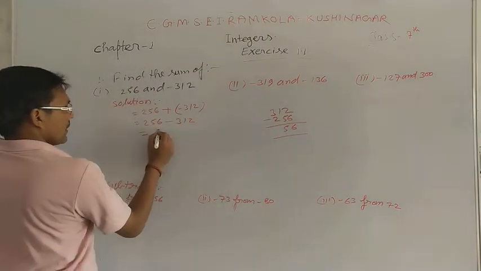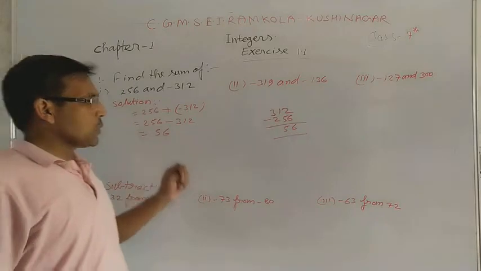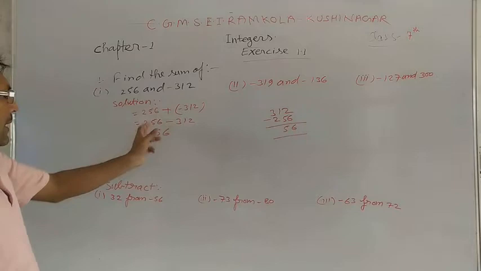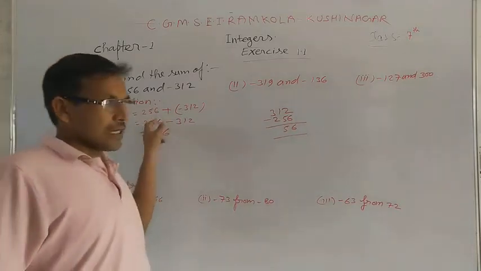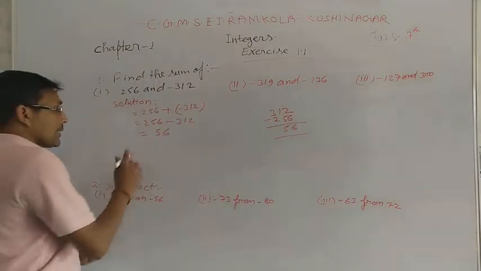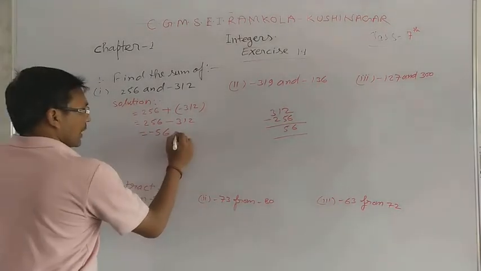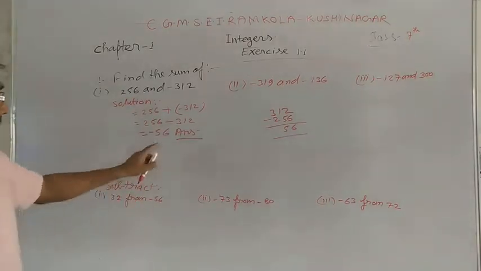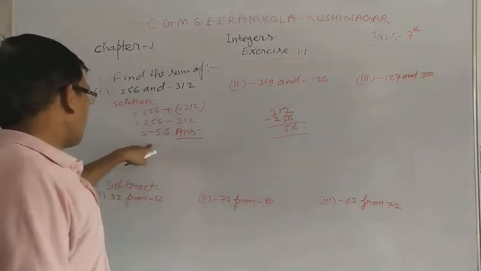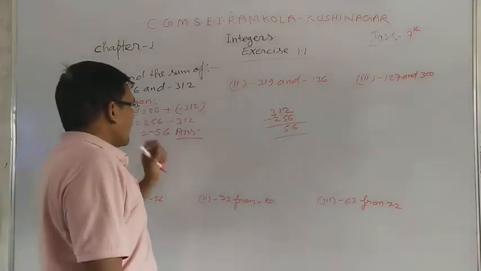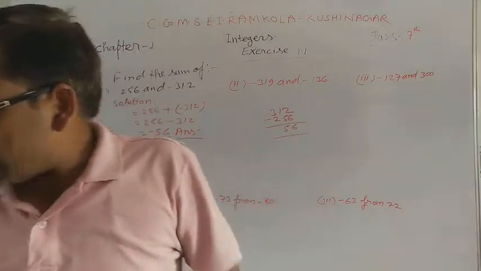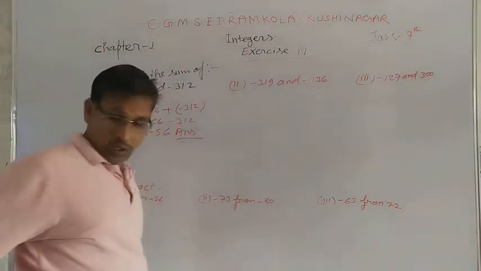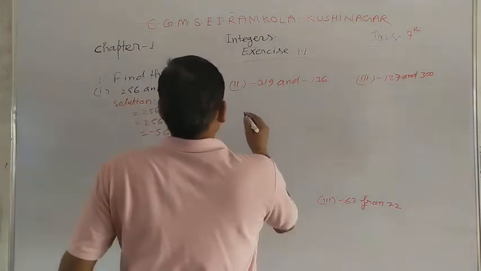Looking closely at both the integers, the integer 312 in the minus sign is bigger than 256 without the signs. So the sign put here is minus, and the answer is minus 56, the sum of both the integers. Now we go to the other question's solution.